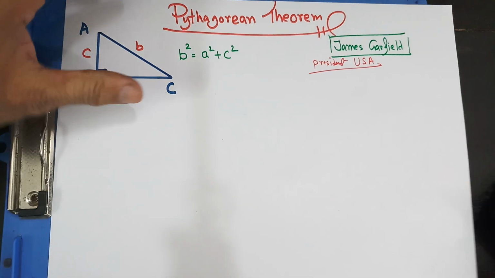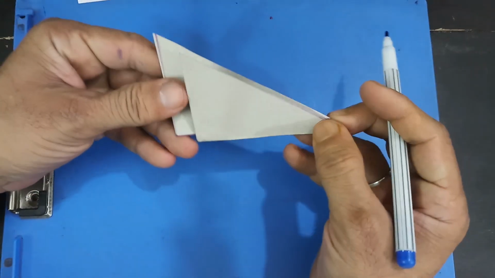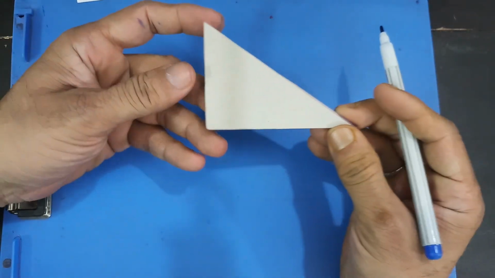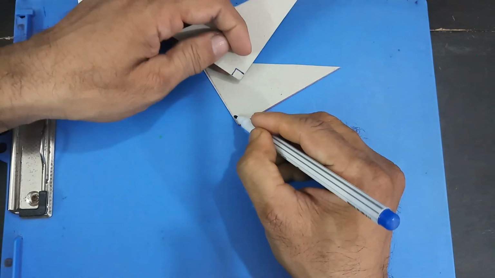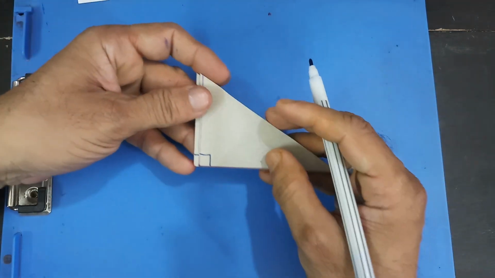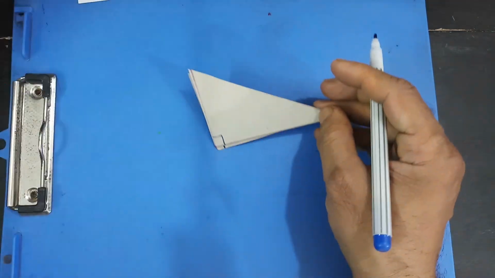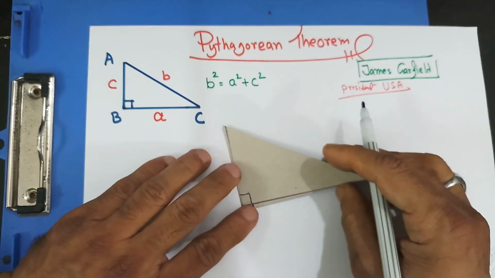To do that, I have just cut two triangles of the same size, so they are congruent. As you can see, this is a right angle and this is also a right angle. The reason I have made two of them, you're going to find out in a second. Now, the way I have drawn this triangle over here, I'm going to use the same notation.